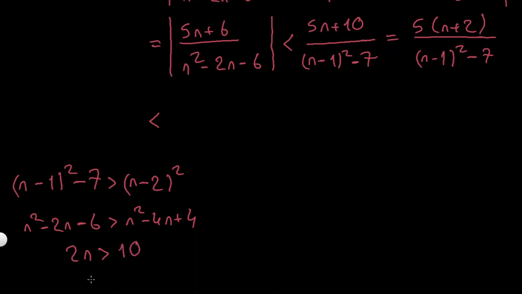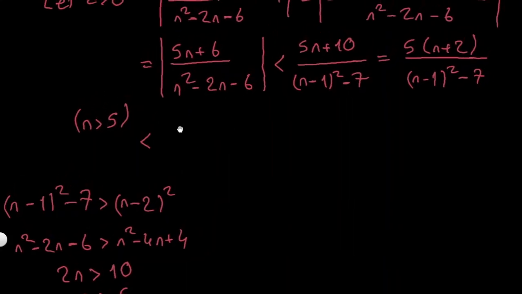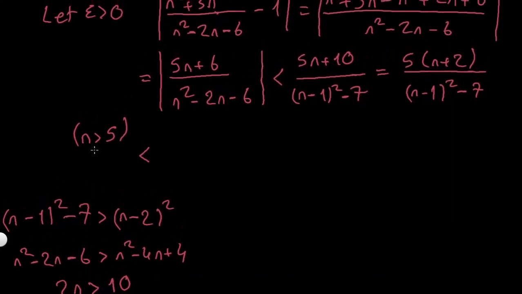So this will be true if n is greater than 5. So for here I will say n is greater than 5. Everything I do from this point will be true if n is greater than 5, and in the end I will take this into the calculations. I will think about this in the end.